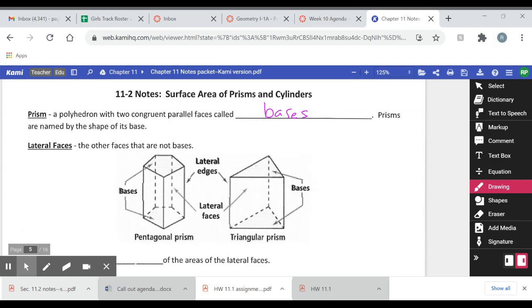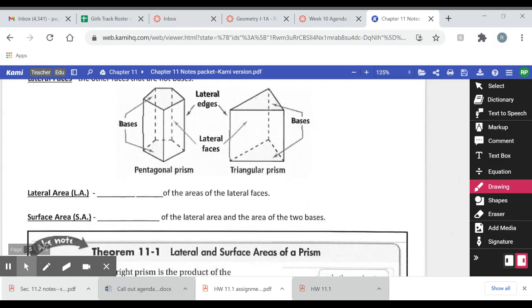All the rectangles touch another rectangle. So it doesn't matter how the figure is flipped or turned. You want to be looking for the bases as being the two shapes that are the same shape, same size, but they don't touch each other. They're across from each other.